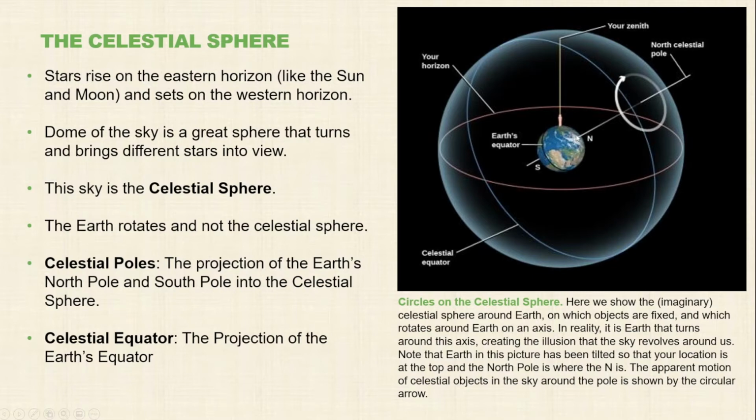And this is the North Pole, this is the South Pole of the Earth, and we can project these poles outward until the projection reaches the celestial sphere itself, and that's showing the rotation of the Earth. The projected North Pole is called the North Celestial Pole, and down here would be the South Celestial Pole. And we can also project the Earth's equator.